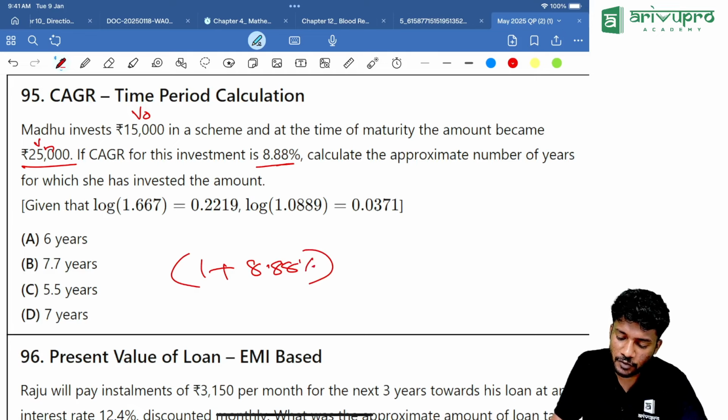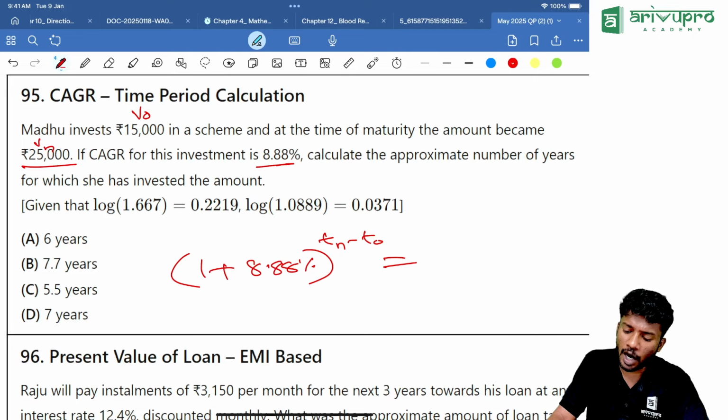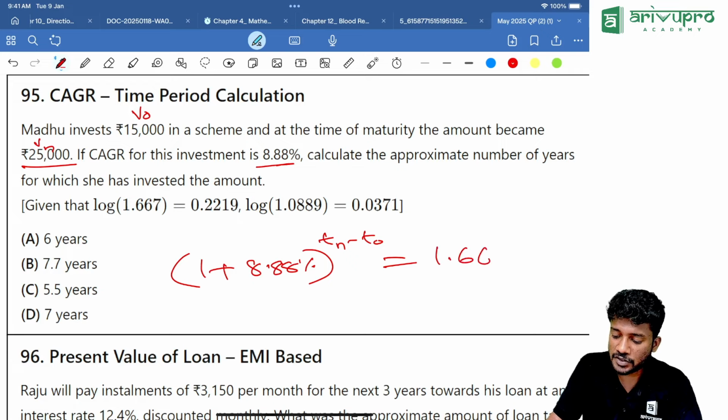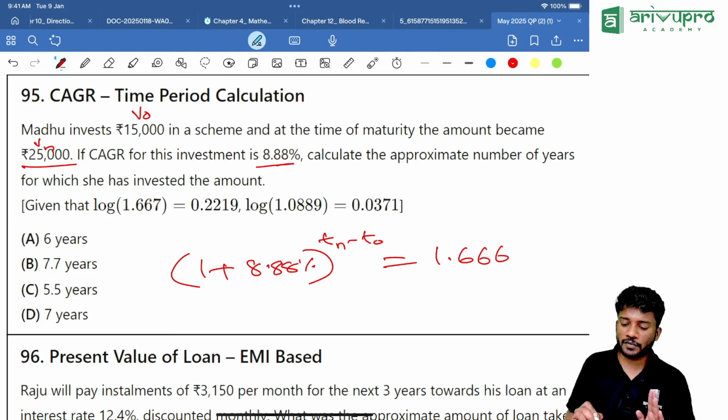We need to find that. Vn by V0 is 25,000 divided by 15,000, which is 1.6666.